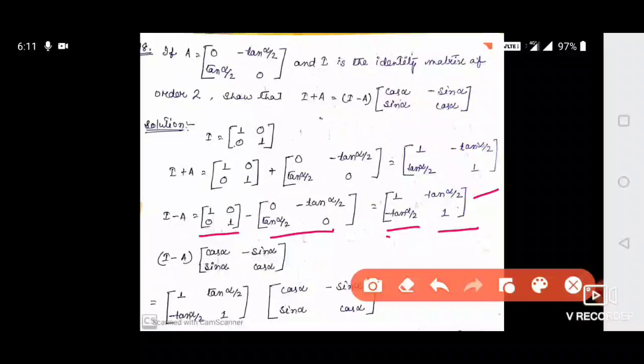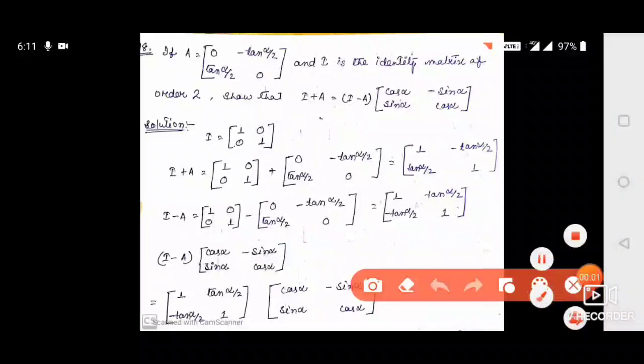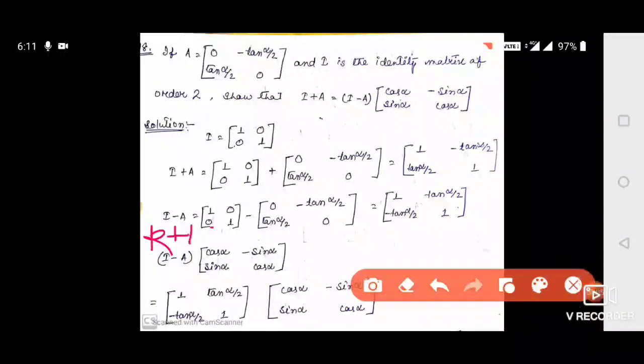Next we will start the calculation from the right hand side. So this is the right hand side. I minus A, we have written the matrix I minus A, which is [1, tan alpha by 2; minus tan alpha by 2, 1], and the matrix [cos alpha, minus sin alpha; sin alpha, cos alpha].